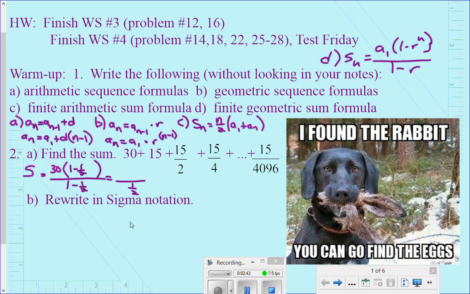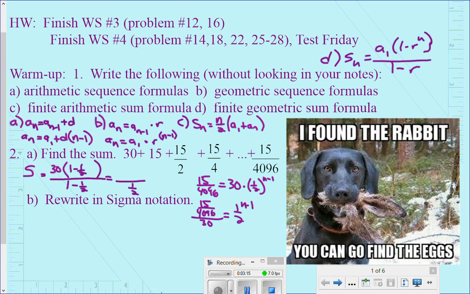We take 15 over 4096 and set it equal to the first term, 30, times half raised to the n minus 1. First I'm going to divide by 30. So 15 over 4096 divided by 30 equals half to the n minus 1 power.